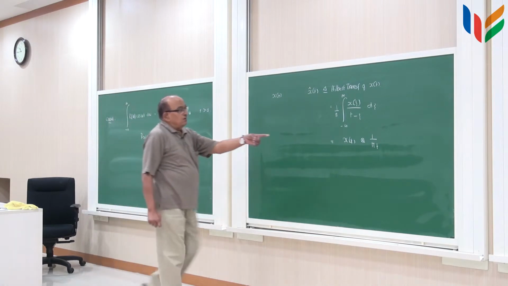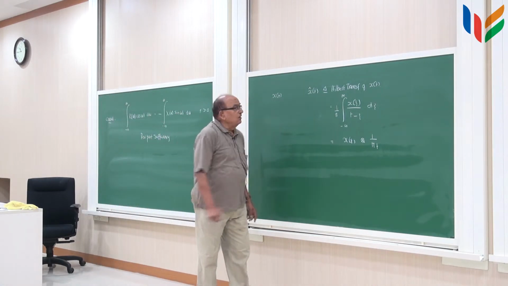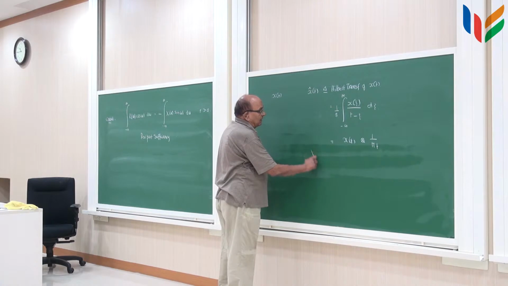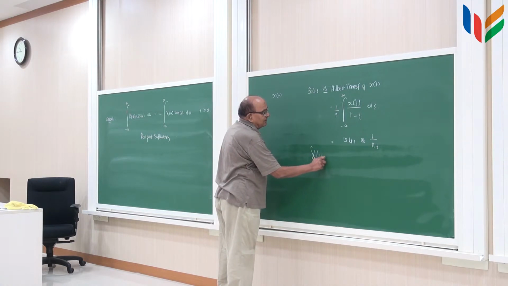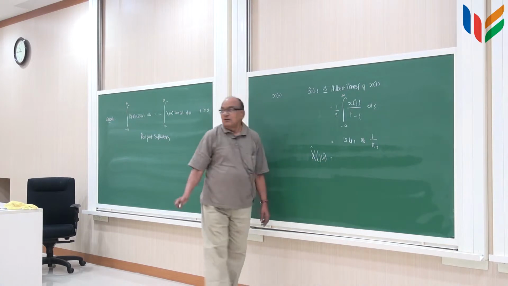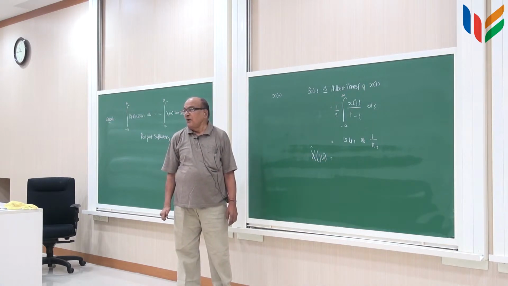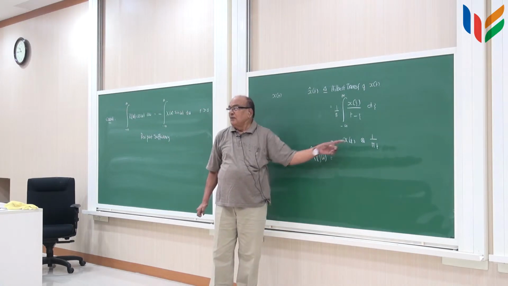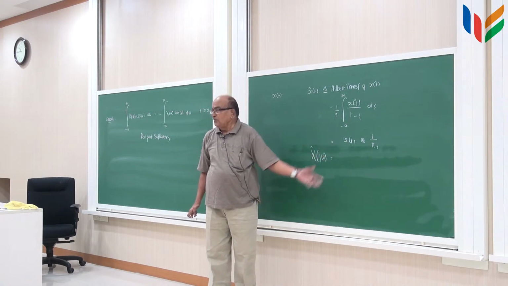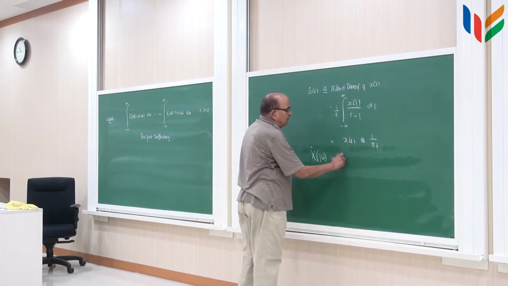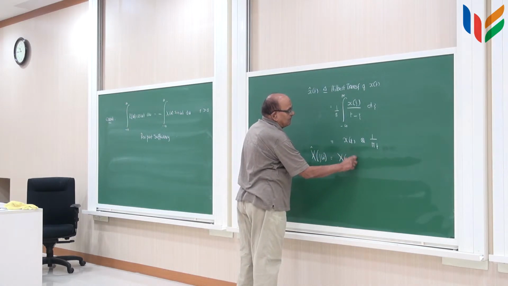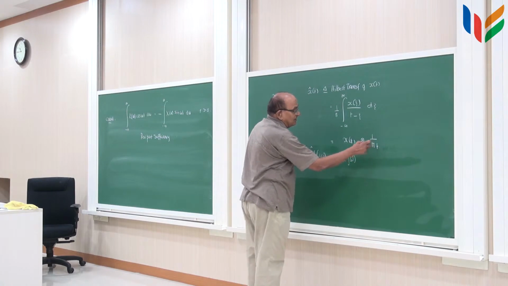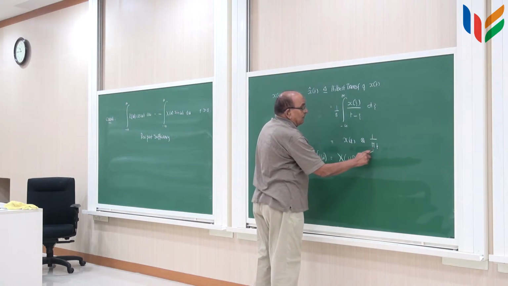Since I know this is a convolution, then x cap(j omega) is equal to what? Since it is a convolution, its Fourier transform will be the product of these two, which is X(j omega) into whatever is the transform of this.